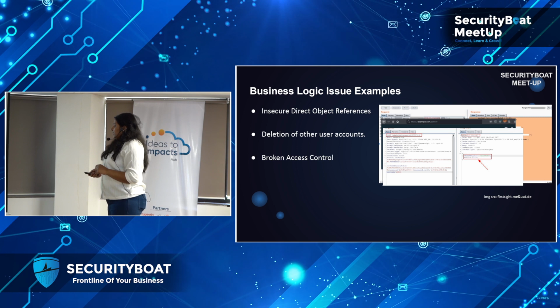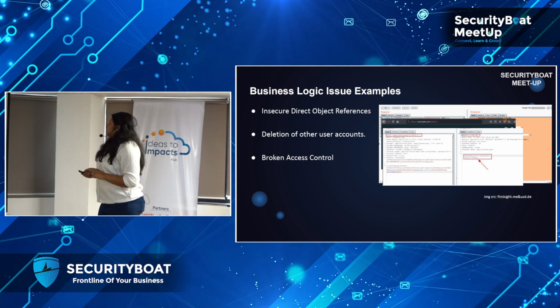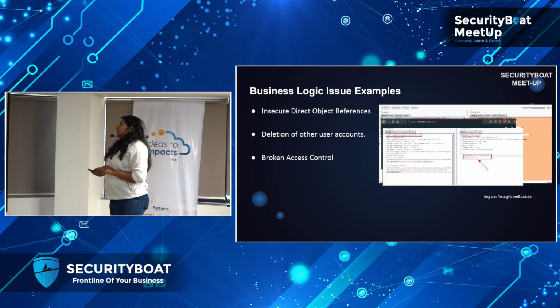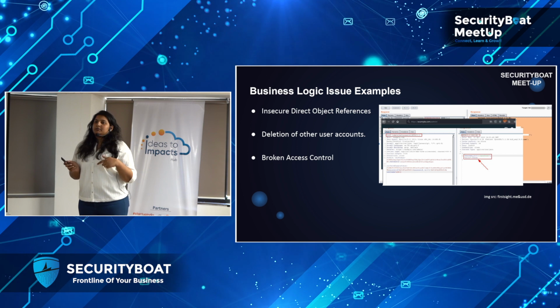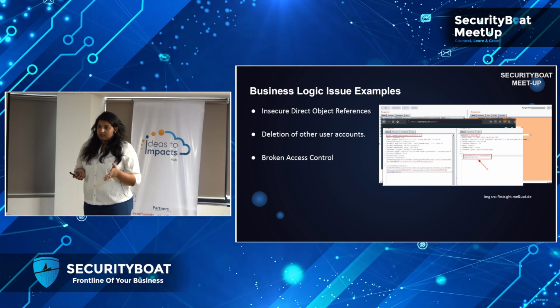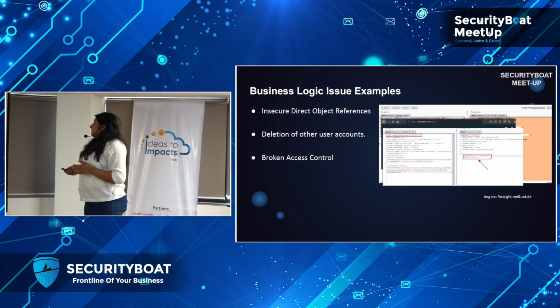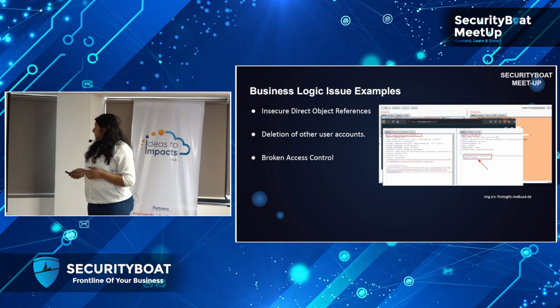In terms of the broken access control, can you please click? Yeah. So here, as you can see, for the admin URL, if I send the GET method, trying to access directly from the user browser, I'm not able to do that because I don't have the permissions.